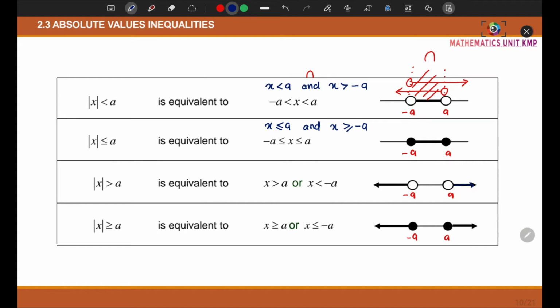So or here means the union. And if we have absolute value of x greater than or equal to a, it is equivalent to x greater than or equal to a or x less than or equal to negative a, which is the union. So we will see in the next example when we want to use the intersection and the union symbol.